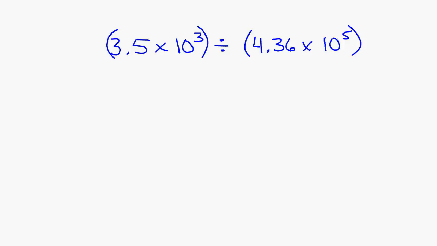Your first step is to divide the decimals. So take 3.5 and divide it by 4.36. And you should get 0.80.